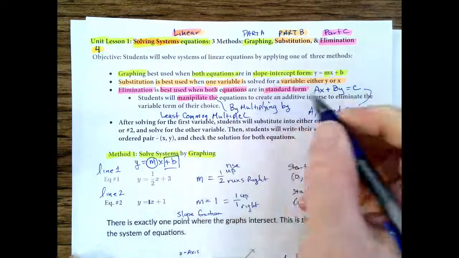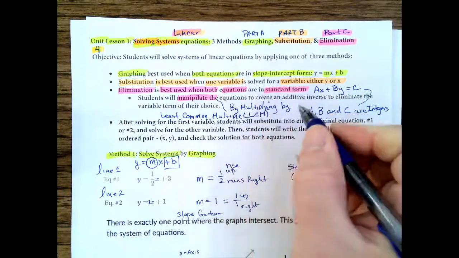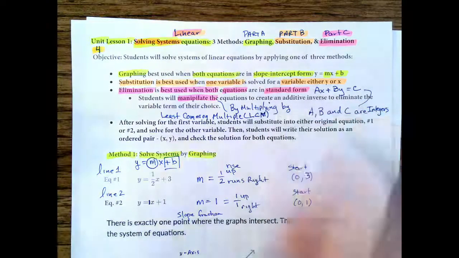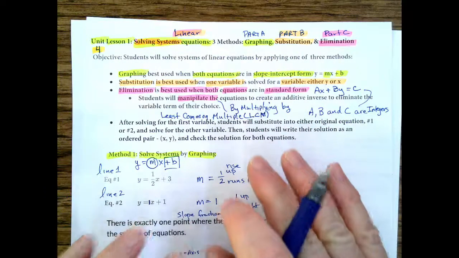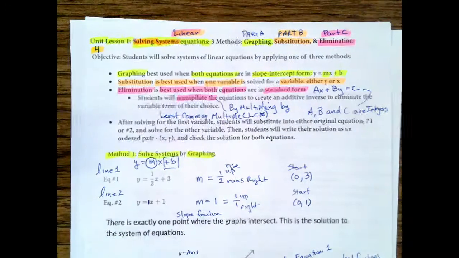You did this in 5th grade, 6th grade. It's called the LCM of both numbers, and I'm going to go over what that looks like in a sec. But we're going to be multiplying by the LCM, and what we want to do is get them to be opposites. That's our goal, because we want to add the equations together. It's a lot easier. So let's take a look at the walkthrough.